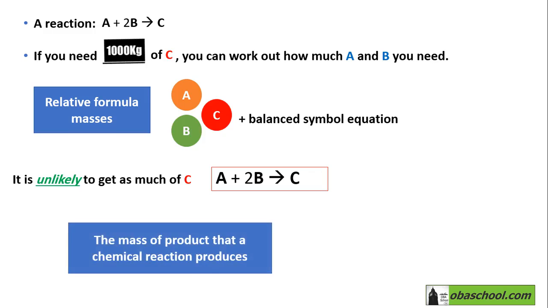So the mass of the product that a chemical reaction produces is what we call the yield. So the yield actually refers to the mass of the product that the chemical reaction produces at the end. It is useful to think about a reaction in terms of its percentage yield.